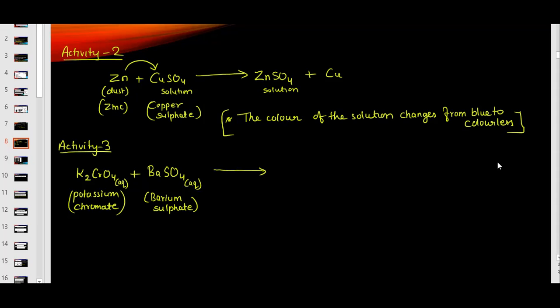So what will happen? K2SO4. K2 will come here and it will become potassium sulfate. And then it is going to give you another product, barium chromate, because barium has gone ahead to the chromate.